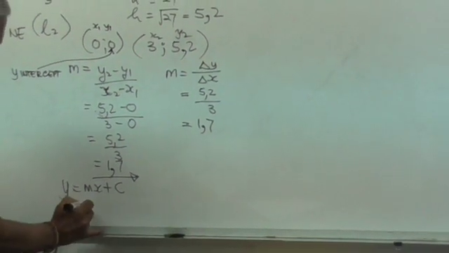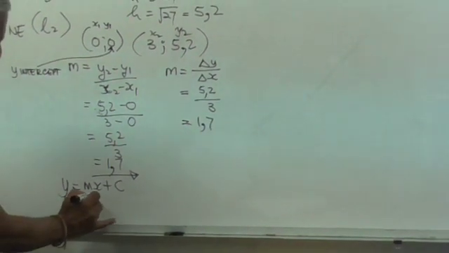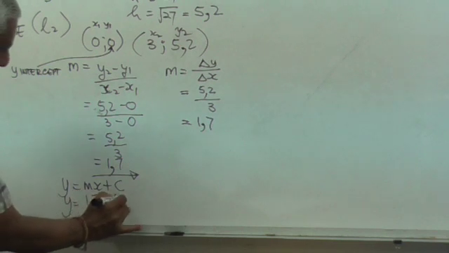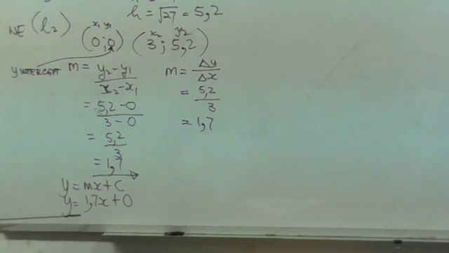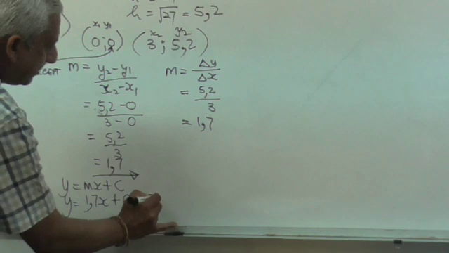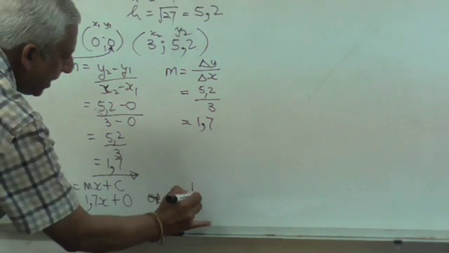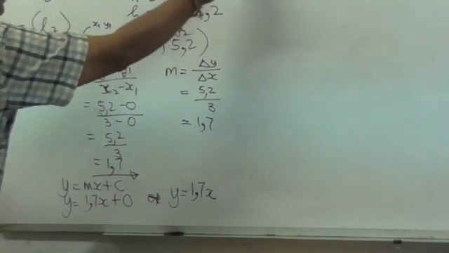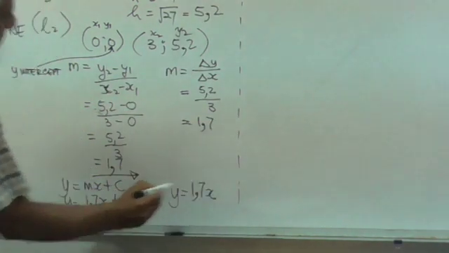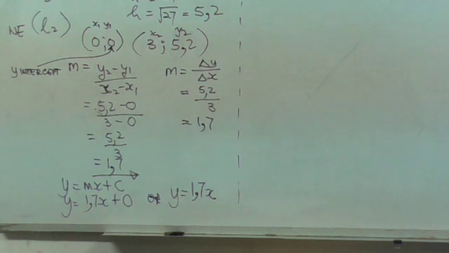Y is equal to 1.7x plus 0, or I can say y is equal to 1.7x. So that finishes line 2.